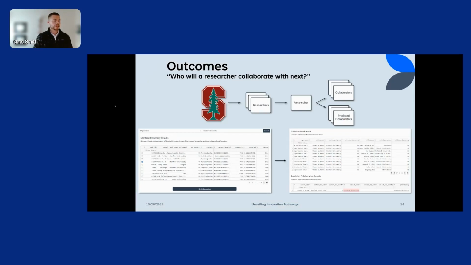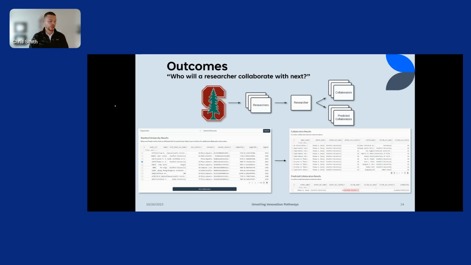And lastly, we can look at who a researcher will collaborate with next. In this workflow, we've started with Stanford, and we've brought back some researchers. Now we're interested in some highly influential researchers whose collaboration network we want to understand. If you look at the UI screenshot on the bottom right, there's a list of the researchers. We've picked one researcher, and we're getting two things when we click that Get Collaborators button.